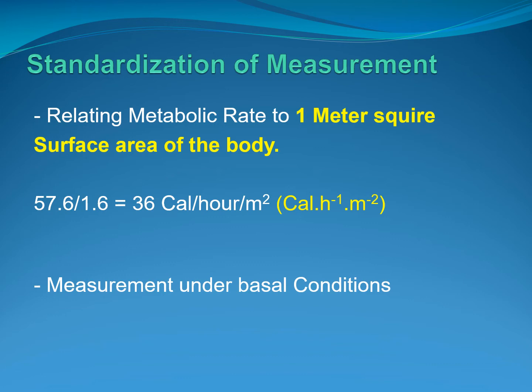So, by calculation and relating it to 1 meter square surface area, we have divided the 57.6 over 1.6 meter squares, and we are getting finally the metabolic rate of that body is 36 calories per hour per meter square, which can be written also as calories dot hour to the minus 1 dot meter to the minus 2.